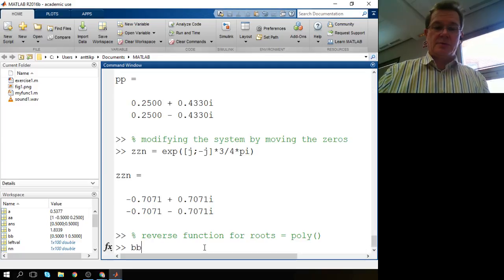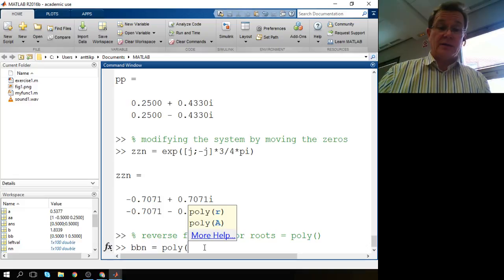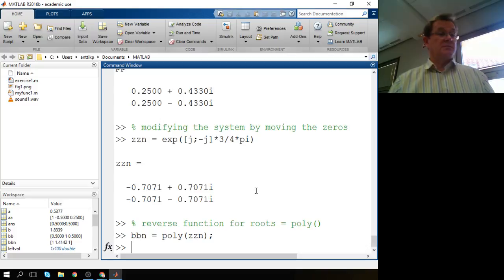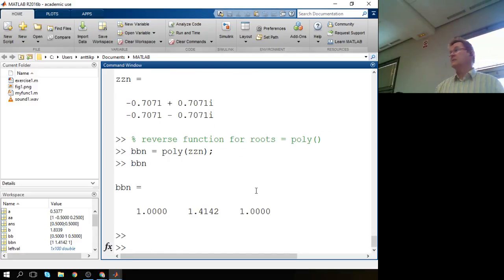So my new BB is actually the polynomial which is defined by those new zero points, and now we have basically a system with those values.